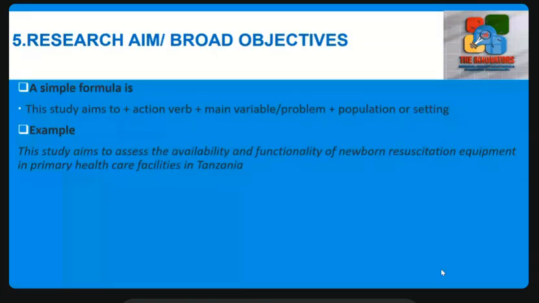A good example: the aim of this study is to assess the availability and functionality of newborn resuscitation equipment in primary healthcare facilities in Tanzania. You see how clear the broad research objective is. It has the aim, the action verb, the main variable or problem, the population, and the setting, which are the key elements when writing a good research aim.